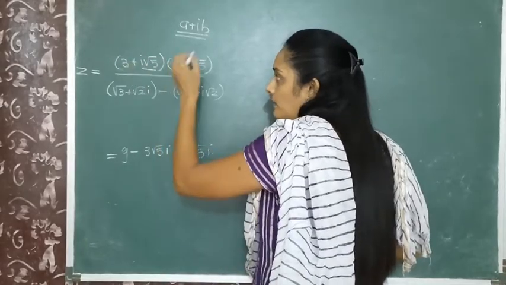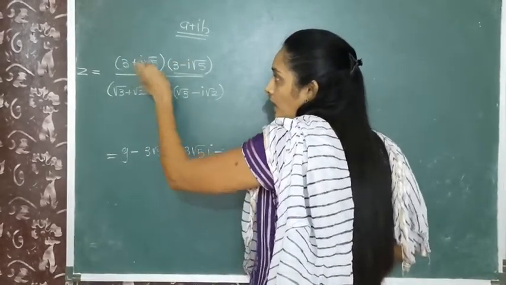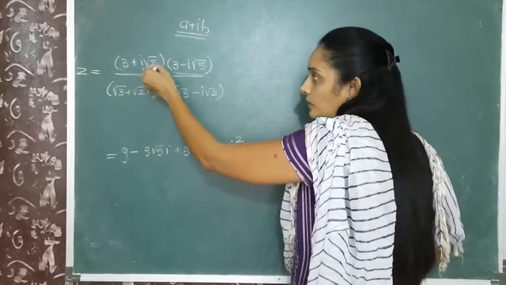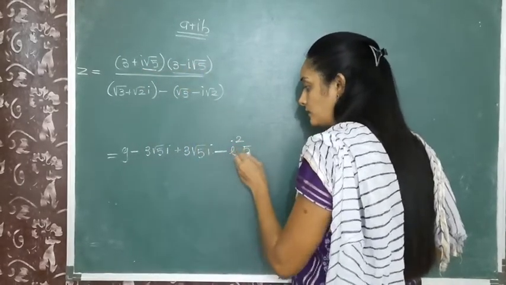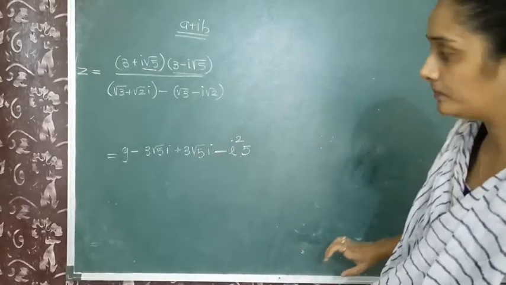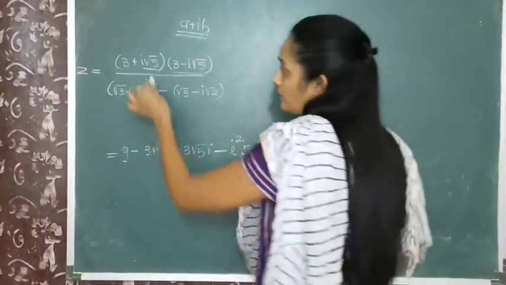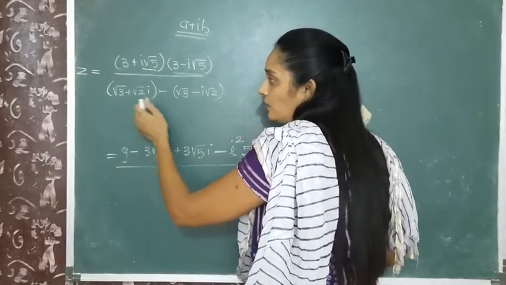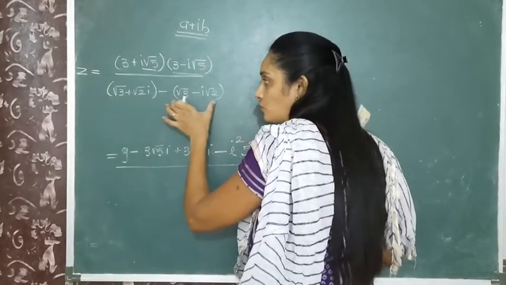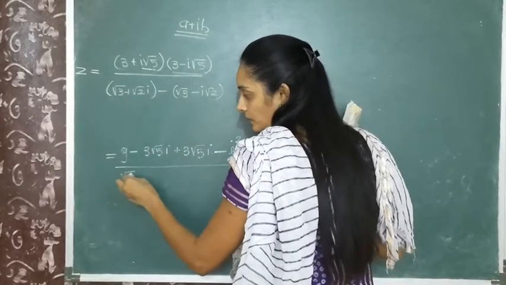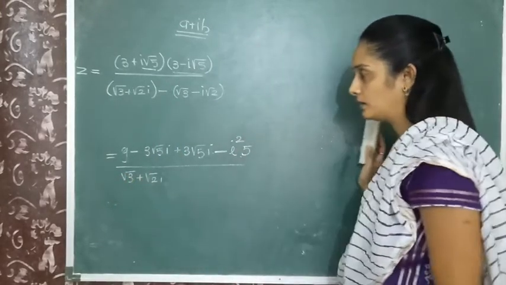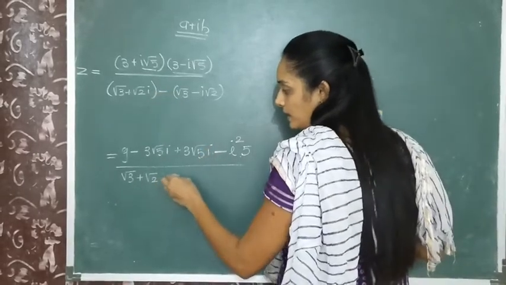Now plus minus minus, i into i square, root 5 into root 5, 5. Okay. This is the simplification of the numerator. Now in the denominator, subtraction of two brackets. So root 3 plus root 2i minus root 3.